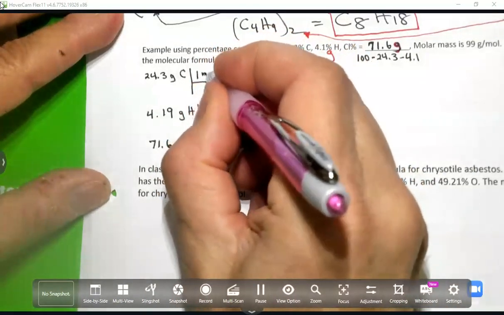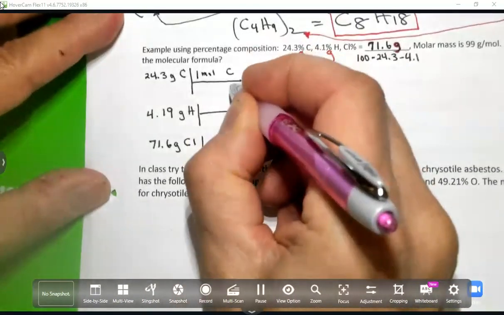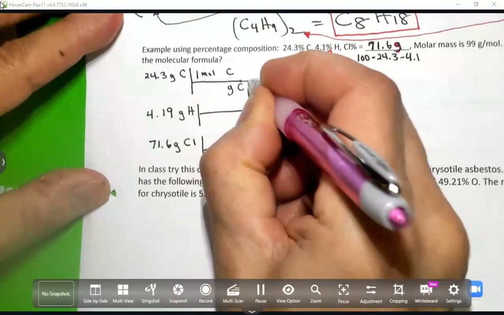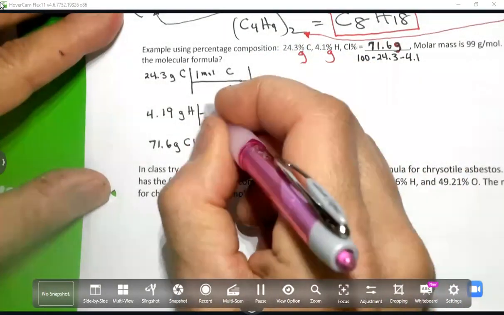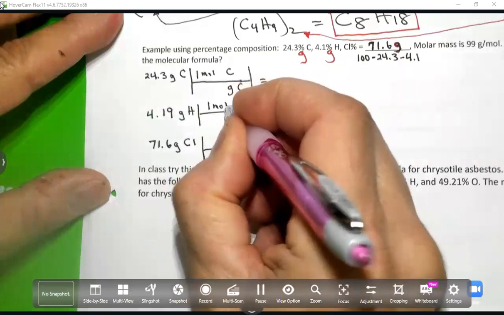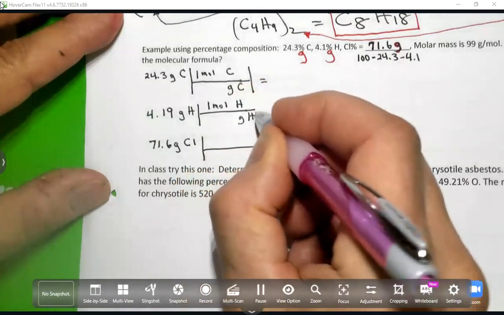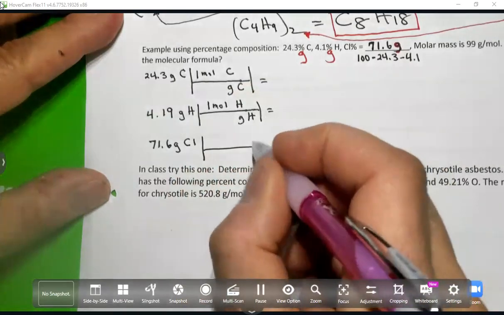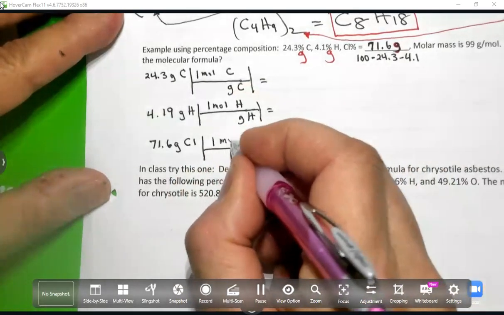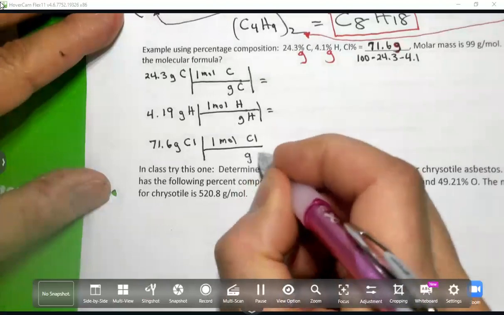And 1 mole of carbon is 12.01 grams of carbon, 1 mole of hydrogen is 1.01 grams of hydrogen, and 1 mole of chlorine is 35.45 grams of chlorine.